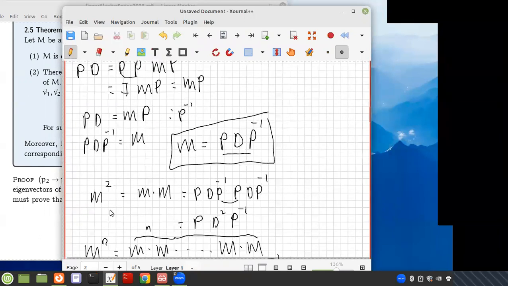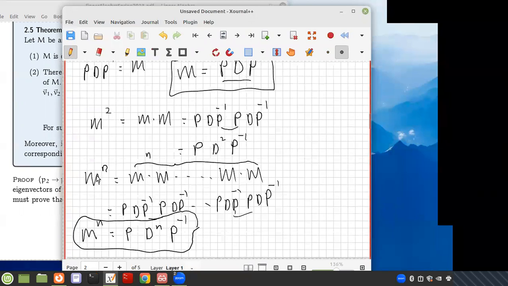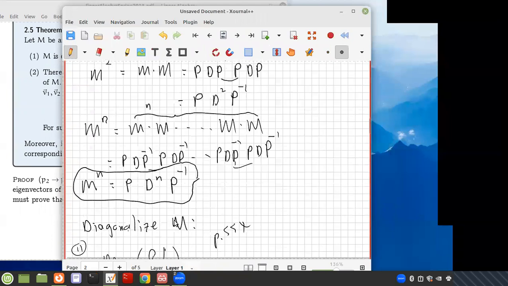And then M to the N is just going to be P D to the N P inverse. So now that we found that M has distinct eigenvalues -1 and 1, we can form D and P from the eigenvalues and eigenvectors and just calculate this, and we'll end up with M to the N.